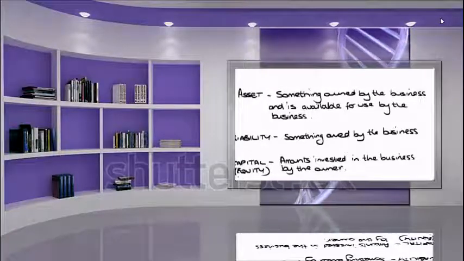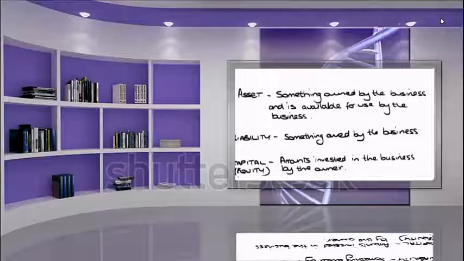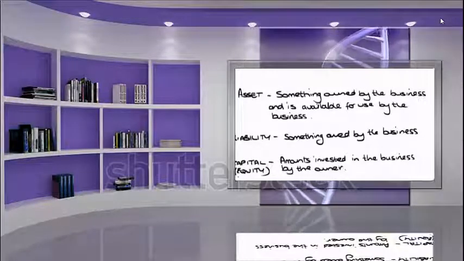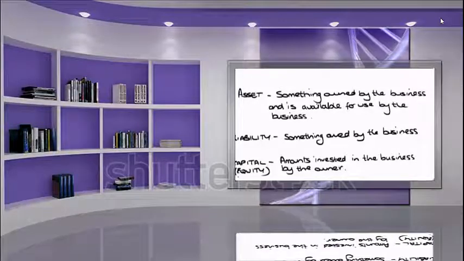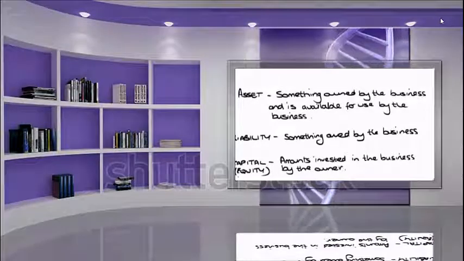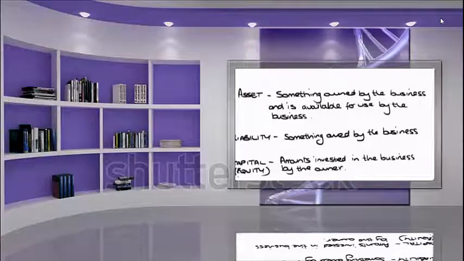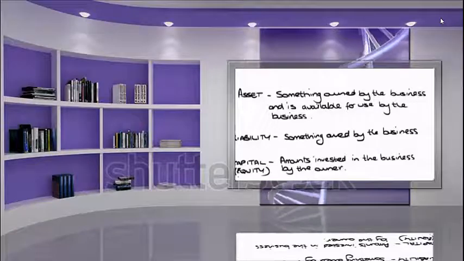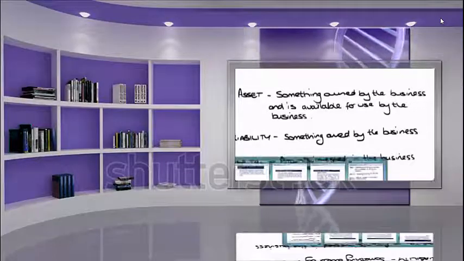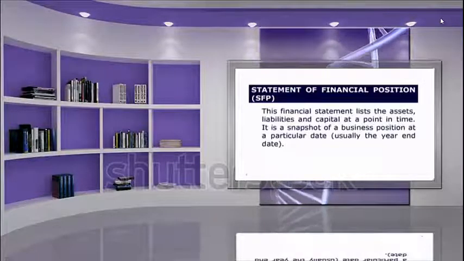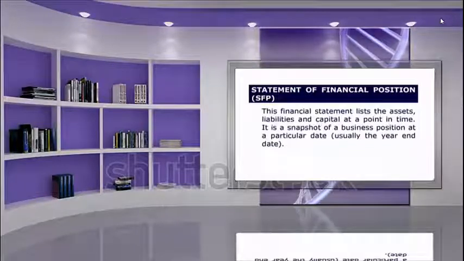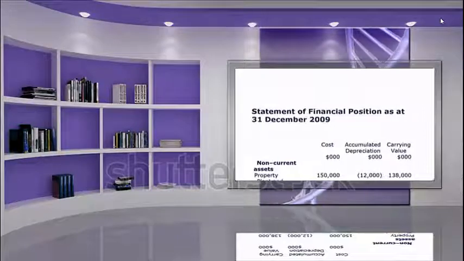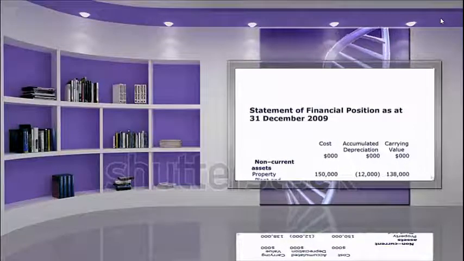But there are three components to the statement of financial position. Now we've defined them, let's have a look at what the statement of financial position would look like and giving some examples of those three different elements. So, going then to our notes, let's have a look at this snapshot at a moment in time of those assets, liabilities and capital.